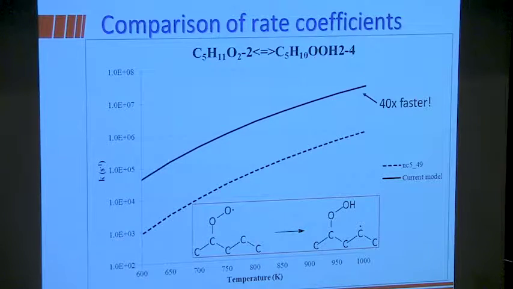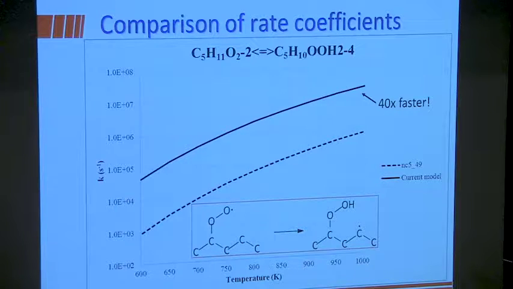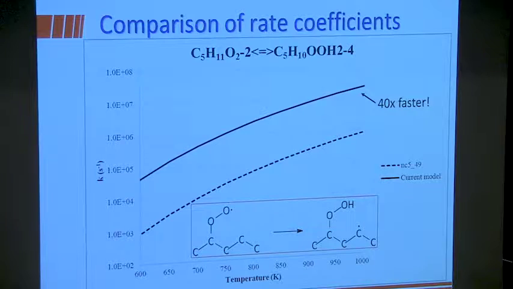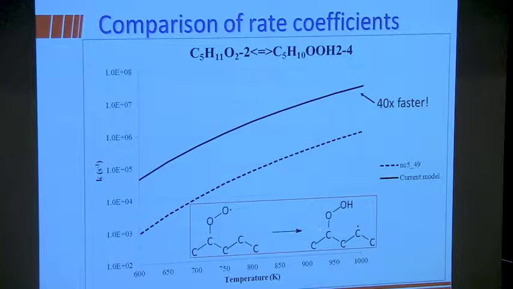However, the solid lines are the rate constants calculated in the Villano, Carstens, and Dean calculations, and they're 40 times faster. 40 times is a lot in rate constant, and it's going to make the system quite a bit faster. This is for this isomerization here, the 6-membered ring, 1, 2, 3, 4, 5, 6.